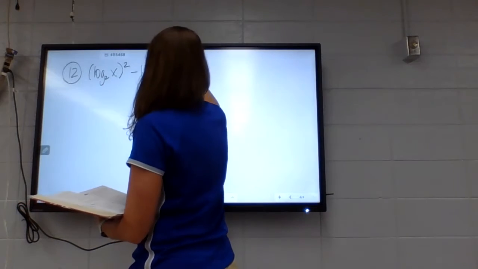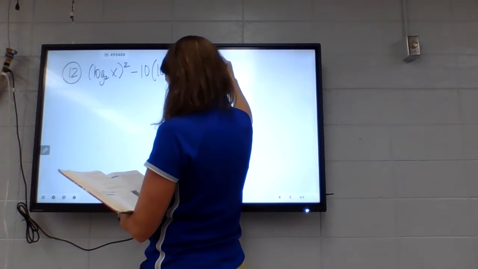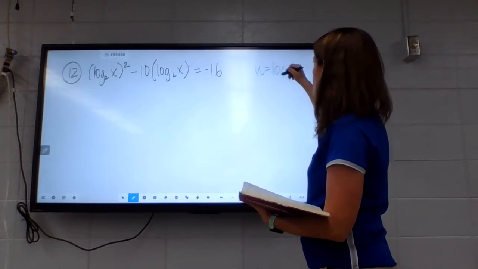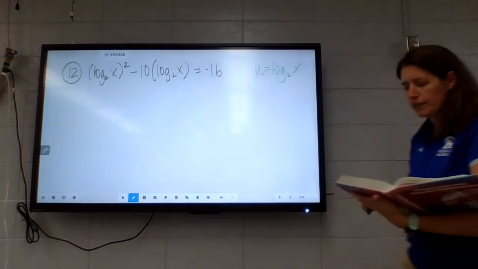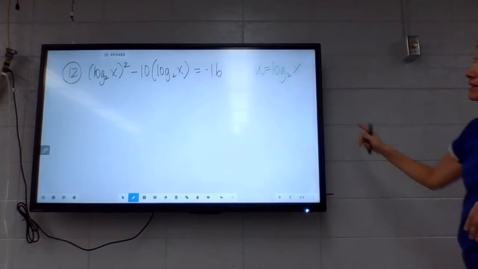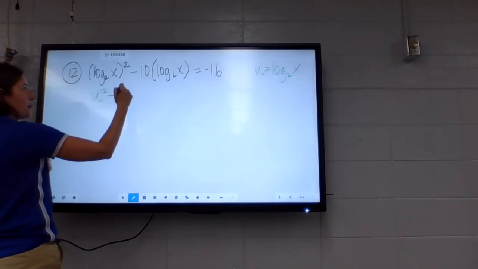Now they do give you the clue to use log base 2 of x as your chunk. So they suggest that this is your chunk. So they try to help you at that. So that means anywhere you see the log base 2 of x, you're going to write a u instead.